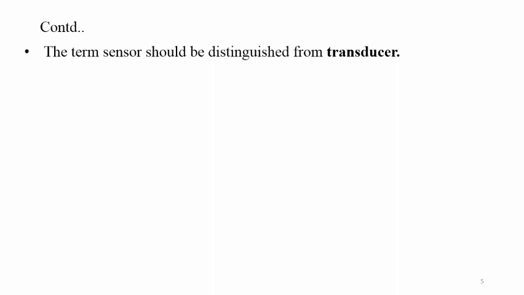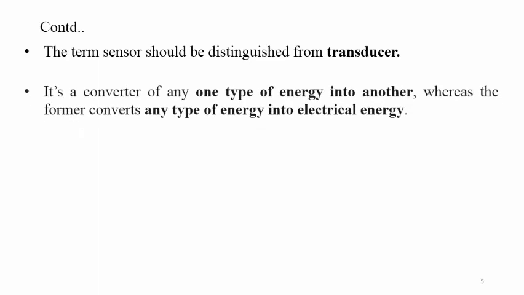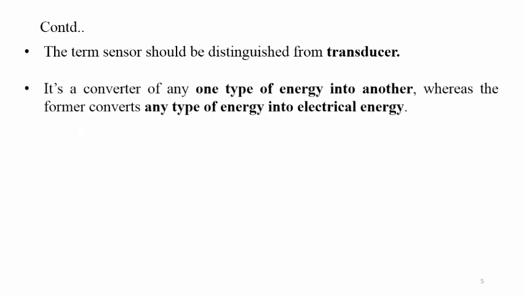So the term sensor should be distinguished from transducer. The transducer is a converter of any one type of energy into another type, whereas the former converts any type of energy into electrical energy.